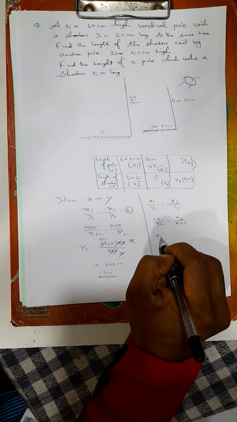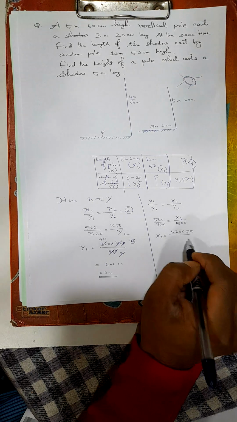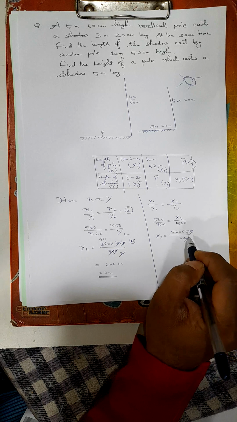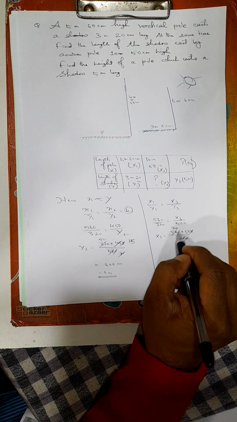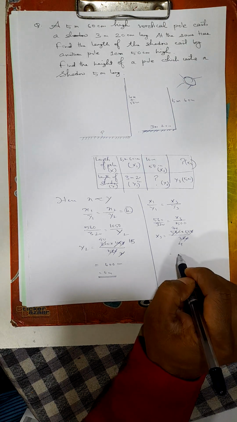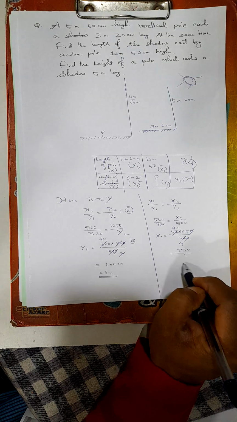So let's solve this. x3 equals 560 into 500 divided by 320. So it is 8 4s are, 8 7s are 0. Then 7 5s are 35. 3500 by 4.